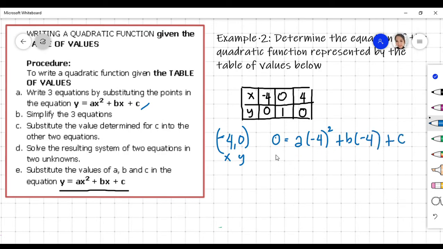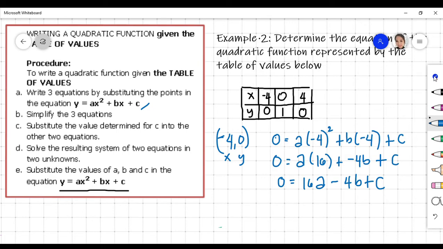So that is 0 equals a times 16 plus negative 4b plus c. So simplifying this, 0 is equal to 16a minus 4b plus c.